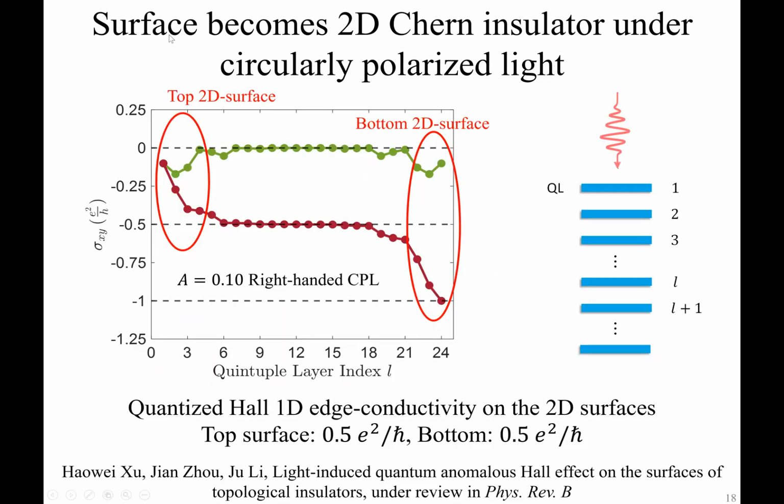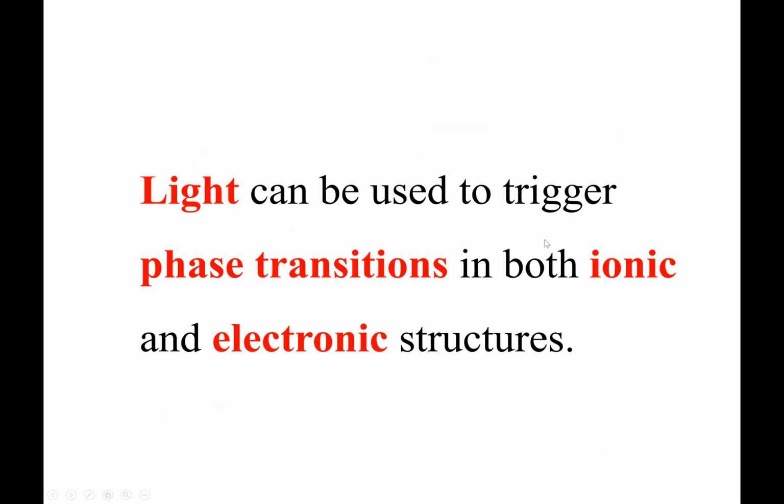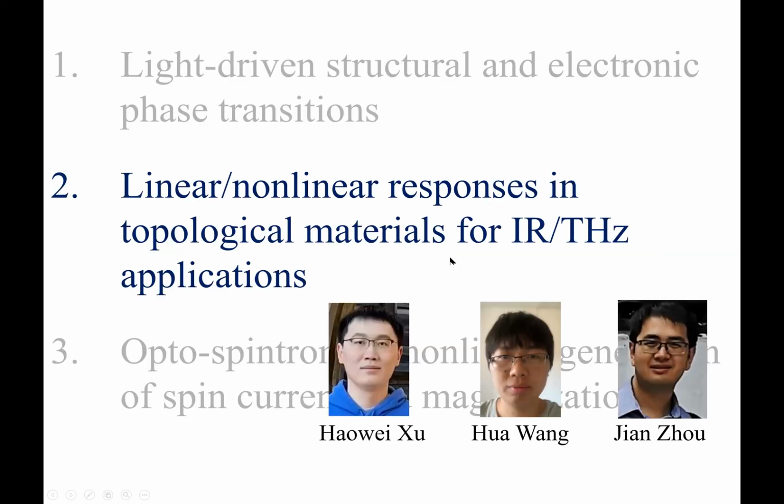And so on the 2D surfaces, on the edges, we can show that you're going to have this quantized spin current. So to summarize, light can be used to trigger structural or electronic phase transitions.